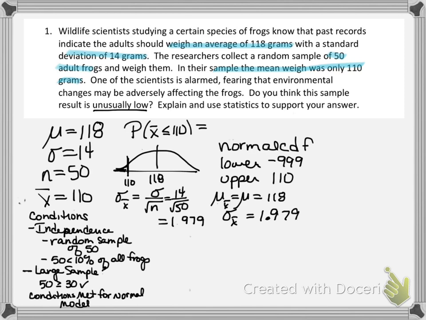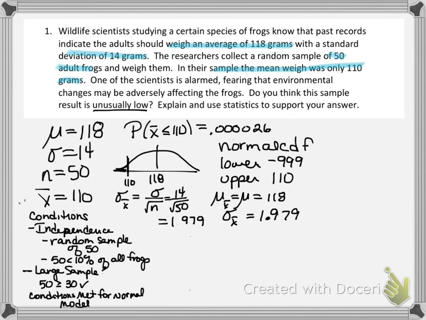We're going to put that in our calculator, and I get a p-value of 0.000006.